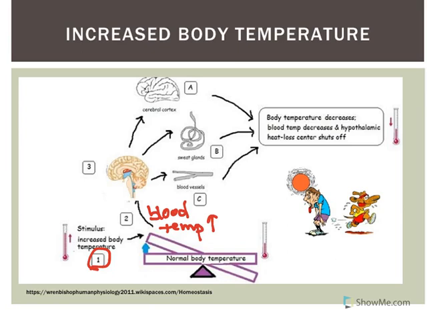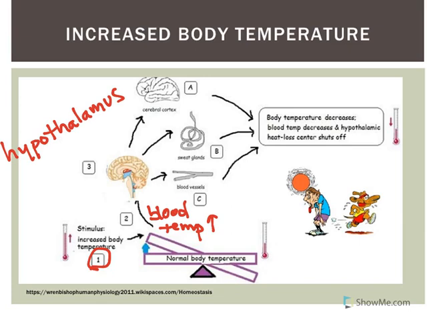And number 3, in the brain, there is a component called the hypothalamus. The hypothalamus contains pretty much our thermostat. The hypothalamus is the control center.